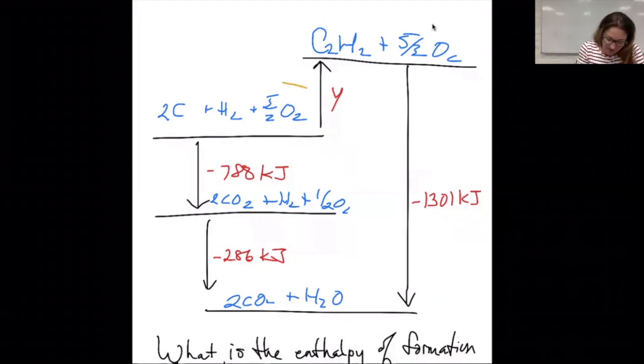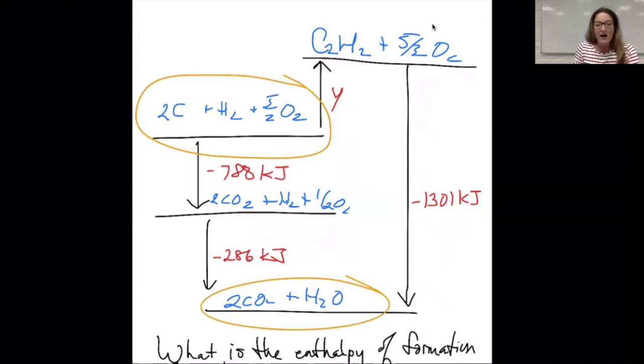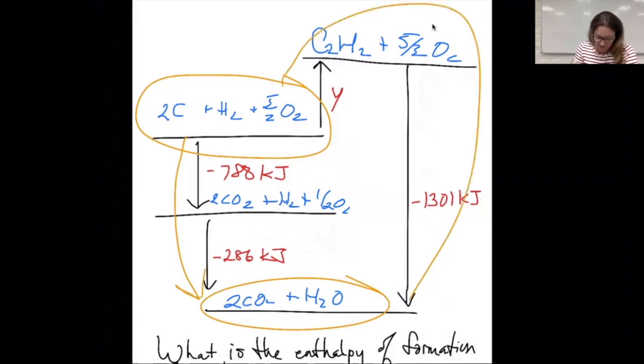But these are the reactants for a given reaction, and these would be the products. And I can tell that because I could take one of two paths. I could either go this way to get there, or I could go that way and get to the same point. And the energy associated with each one of these paths is the same.